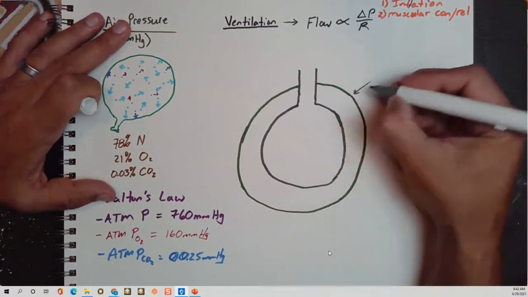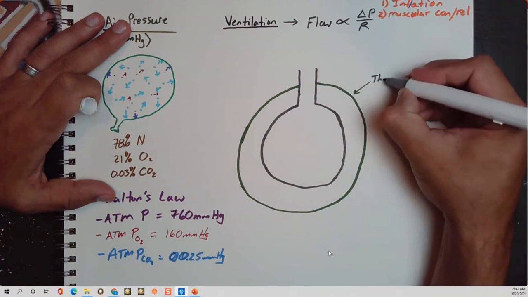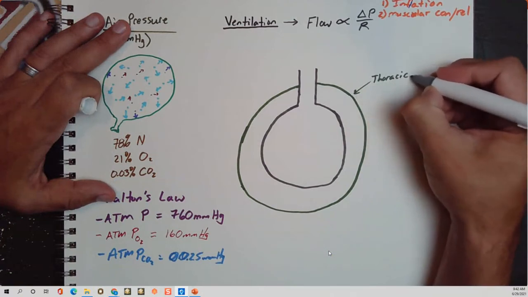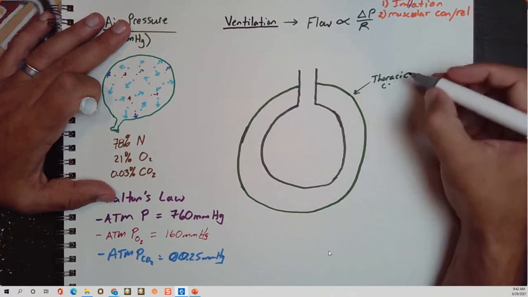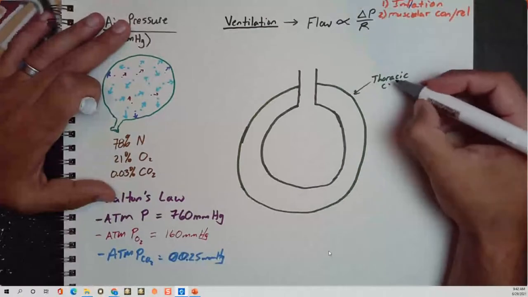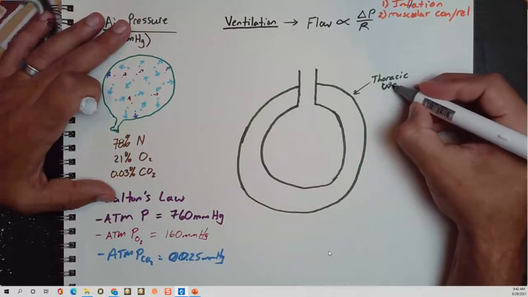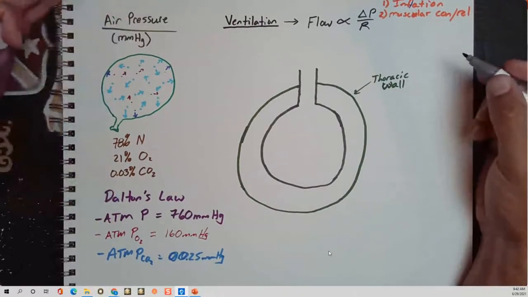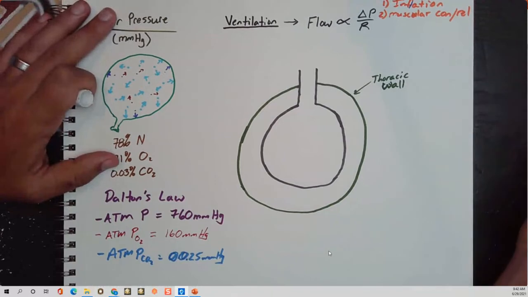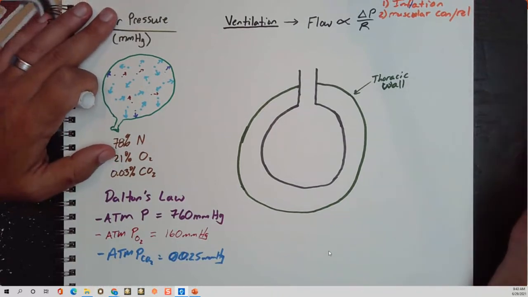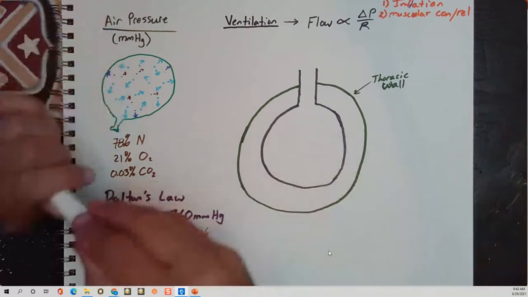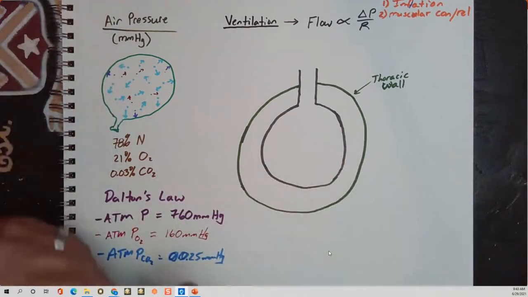So again, this is my thoracic wall. Technically, it would be the cavity wall, but we're going to call it the wall. Ribs, muscles, that sort of stuff. In here, those are my lungs.